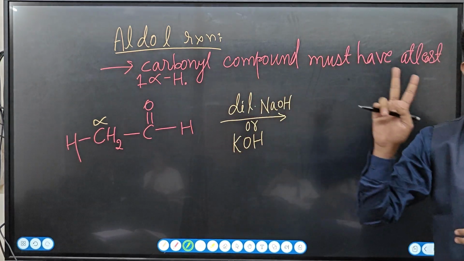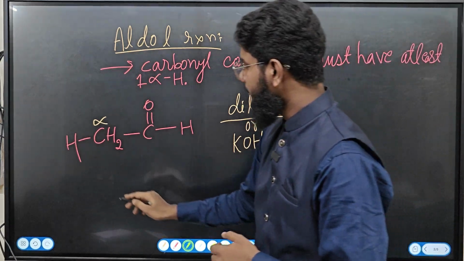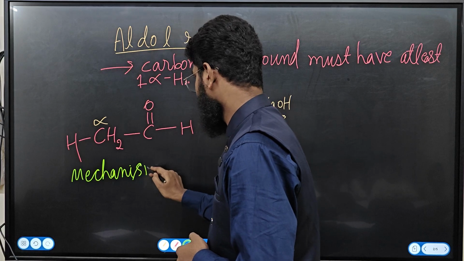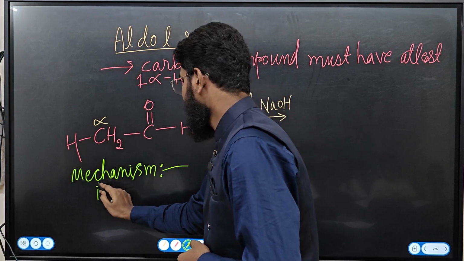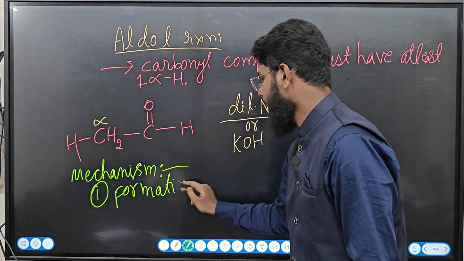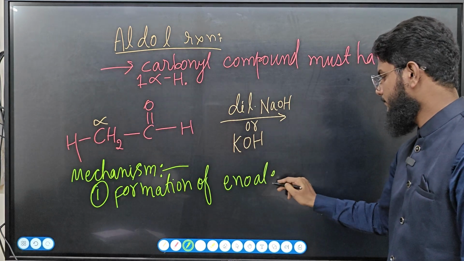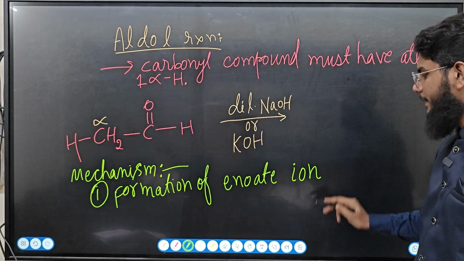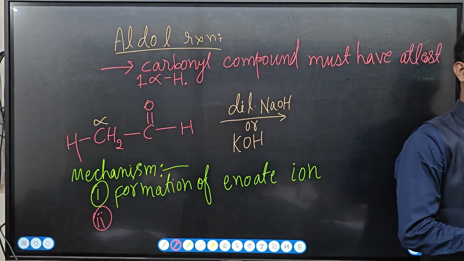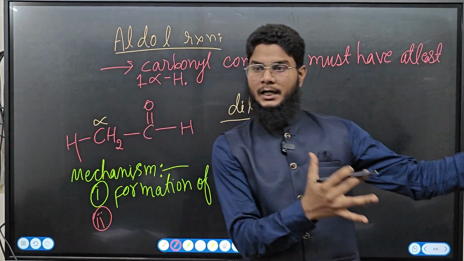It follows a two-step mechanism. The first step of the mechanism is formation of enolate ion. The second step is combination of one carbonyl group with another carbonyl group.